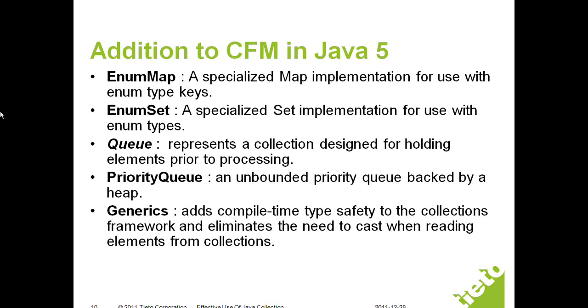Priority queue is something different. It's a queue, but we cannot say that it will work on the FIFO mechanism only. You can provide a comparator to the queue object which will say what the priority of an object is, and based on the priority that object will be given when you are pulling from the queue.